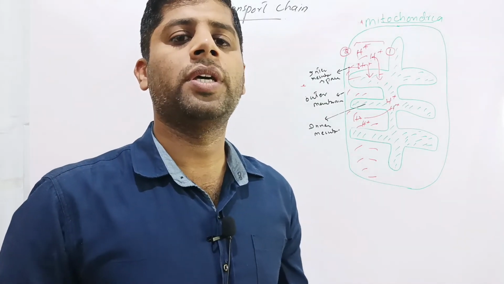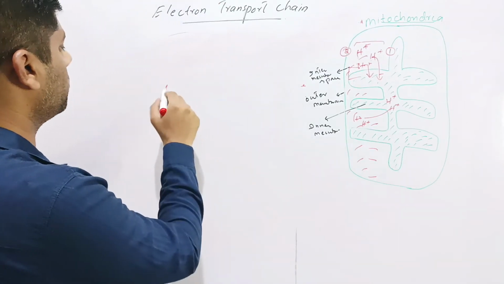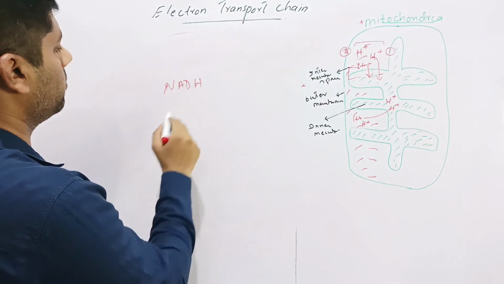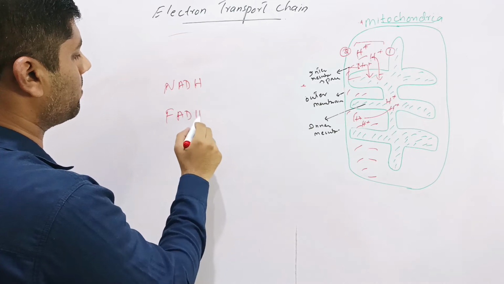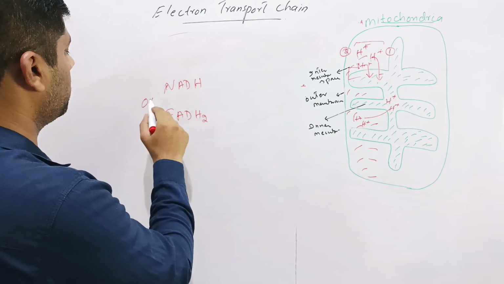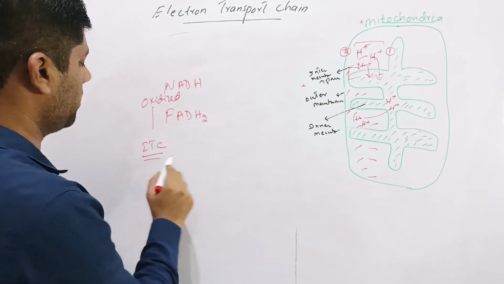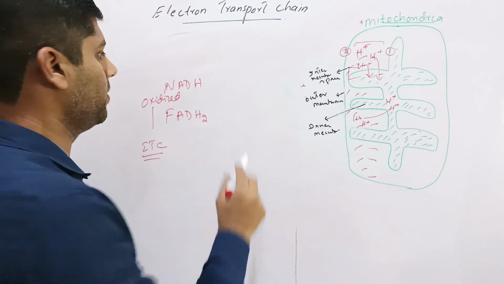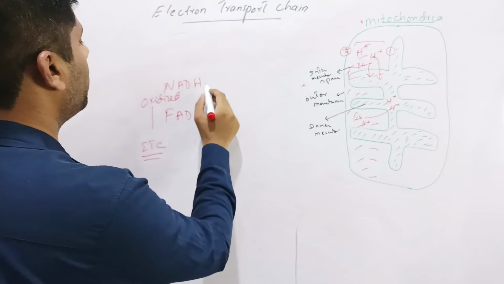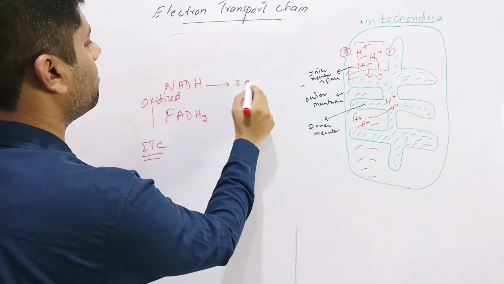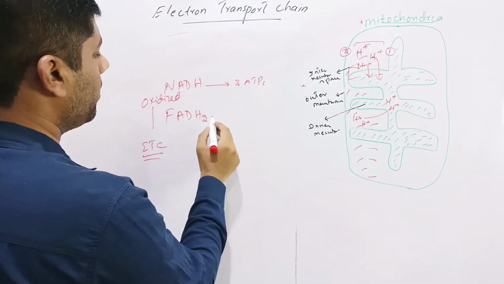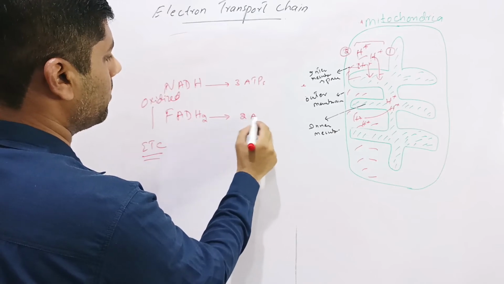So in this way, the NADH and FADH2 molecules produced during the Krebs cycle are oxidized in the electron transport chain and release energy in the form of ATPs. It should be kept in mind that one NADH molecule releases 3 ATPs and one FADH2 molecule releases 2 ATPs.